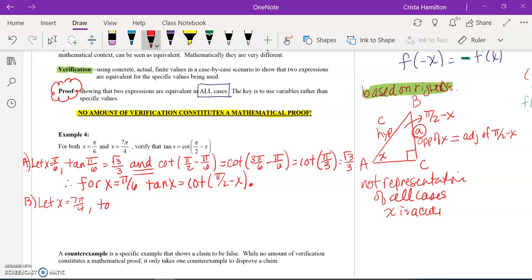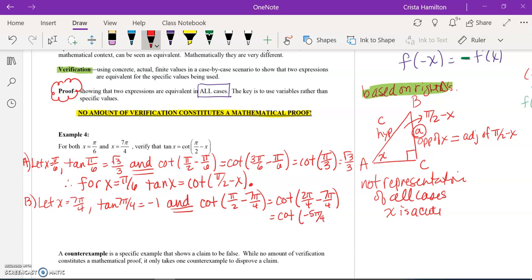We'll do the same thing, tangent of 7 pi over 4. 7 pi over 4 is in quadrant 4, where tangent is negative, and in the pi over 4 family it's 1, so negative 1. Okay, we do the other side, cotangent of pi over 2 minus 7 pi over 4. With a common denominator, cotangent of 2 pi over 4 minus 7 pi over 4 equals, I'm going to come down because I'm running out of room, cotangent of negative 5 pi over 4.